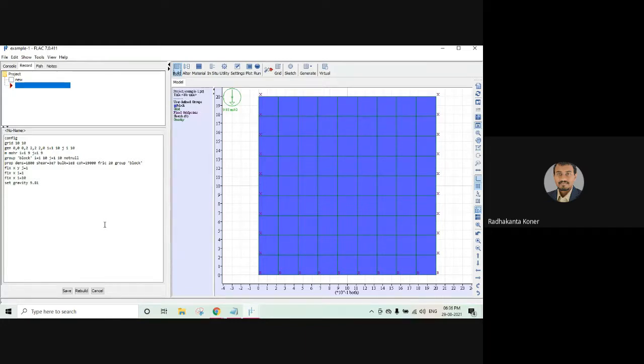Starting from its density, its modulus value is required. Why? Because the deformation characteristics of the block are principally dominated by the modulus value. And the failure criteria and the failure pattern are dominated by the shear strength coefficient and the friction angle.